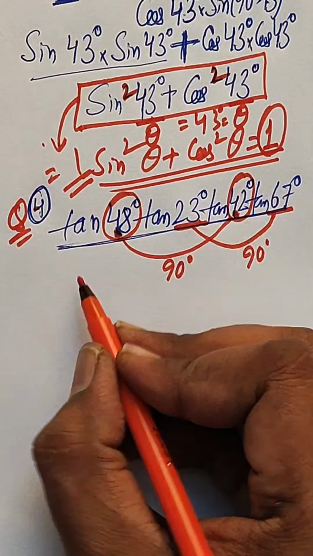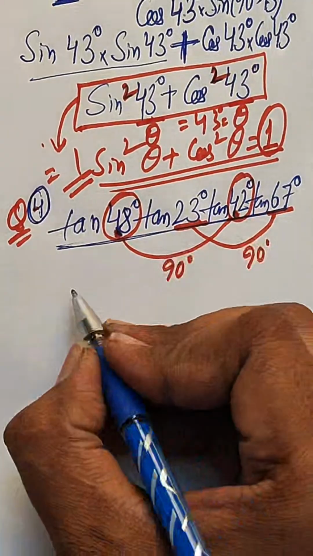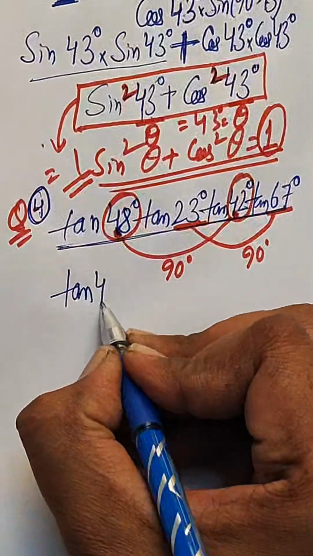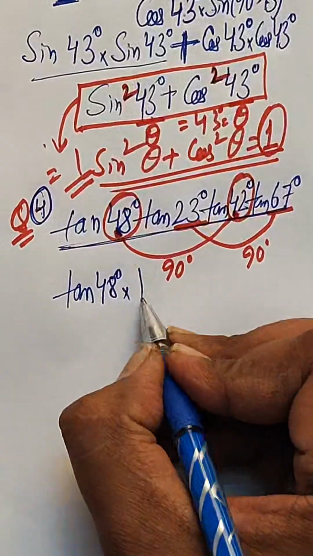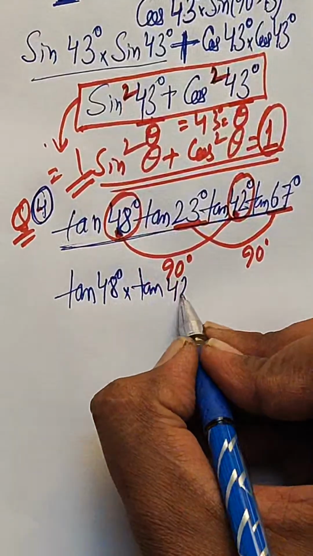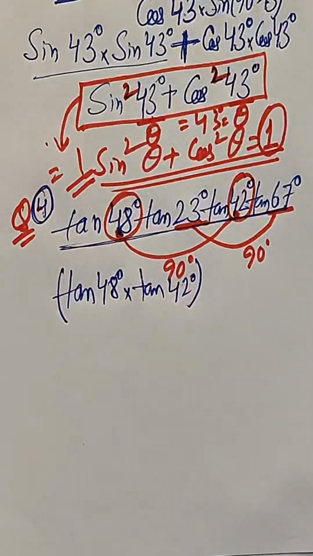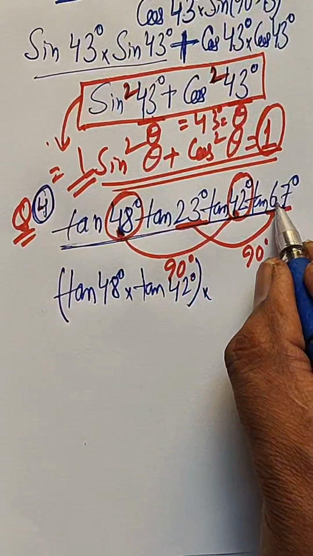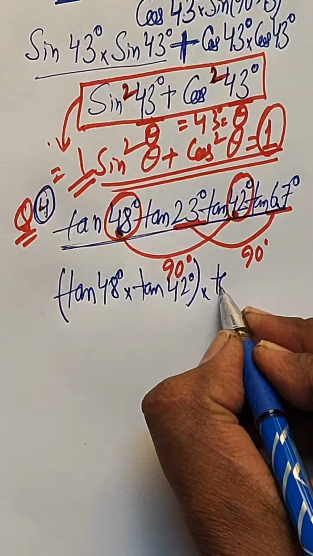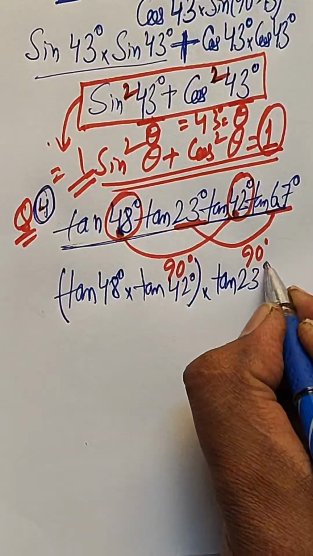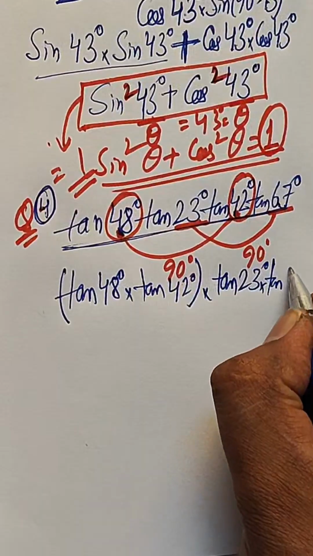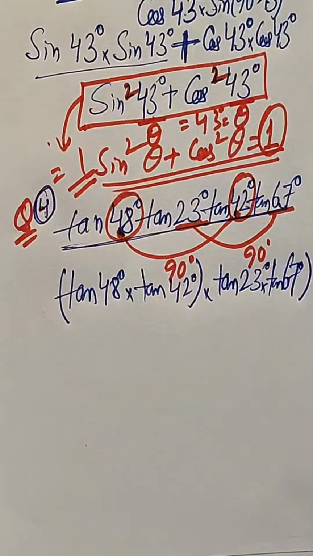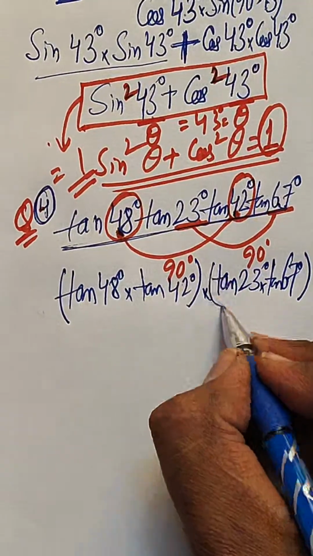Okay, so we can make a pair like this: tan 48 into tan 42 in one bracket, and tan 23 and tan 67 as another pair. So it will be tan 23 into tan of 67 degree, right?